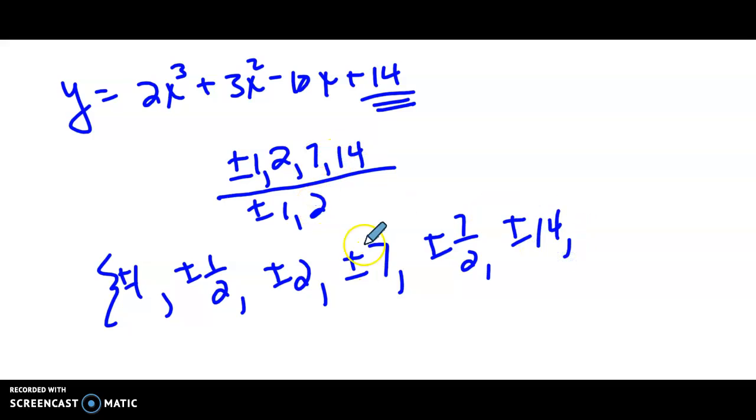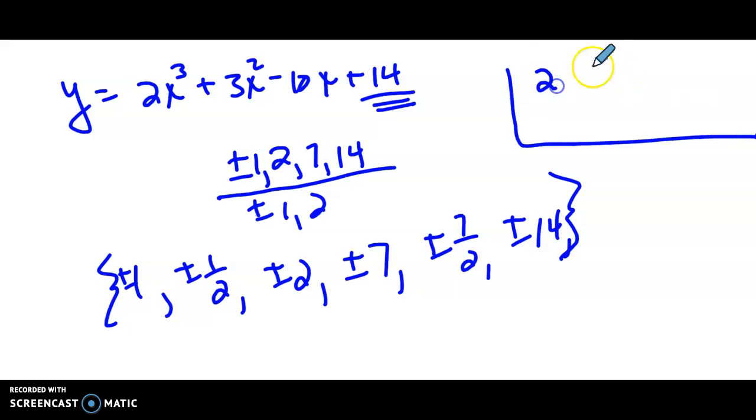And 14 over 2, which ends up just being 7. So I have 1, 2, 3, 4, 5, 6, 7, 8, 9, 10, 11, 12 things to try with my synthetic division. I usually start with 1 and just go like you saw me do. Okay? Is it a pain? Yes. But at least I know 1 or 2 of these are going to give me 0 remainder.